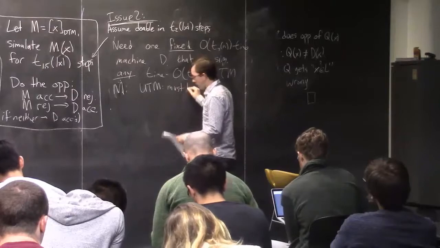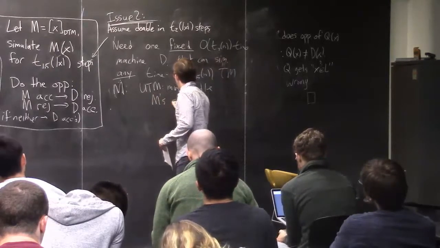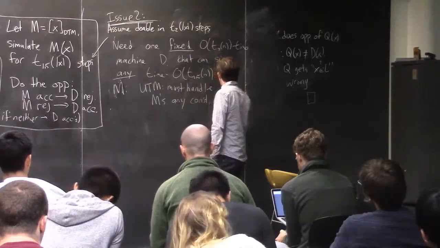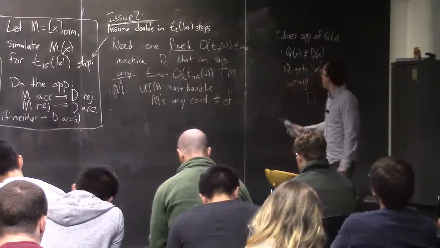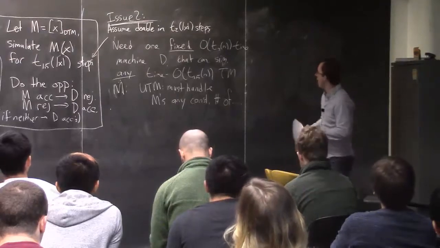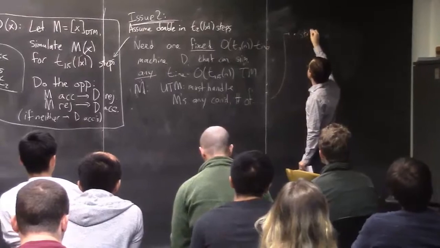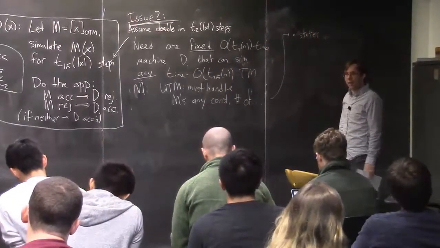So it must handle M's any constant number of... right over here, you see, one thing it has to handle is that M could have any constant number of states. That's okay, that's fine.